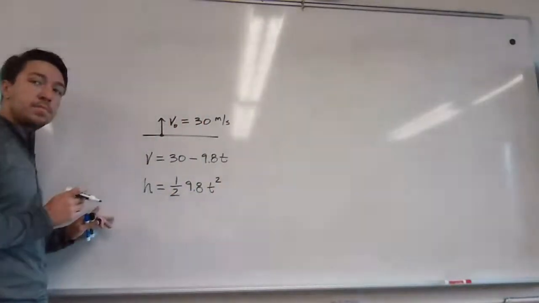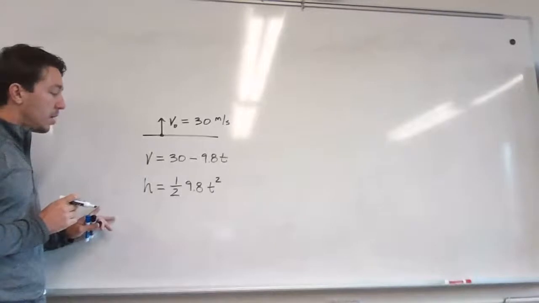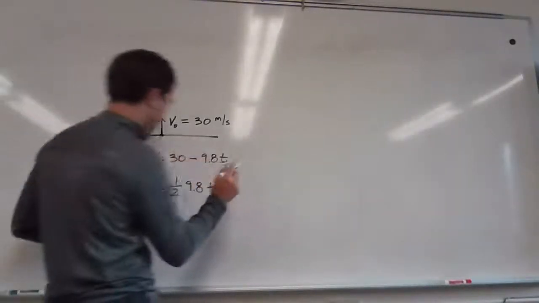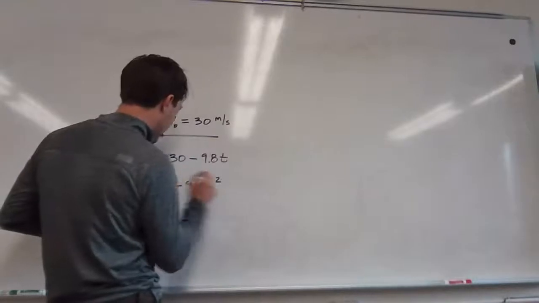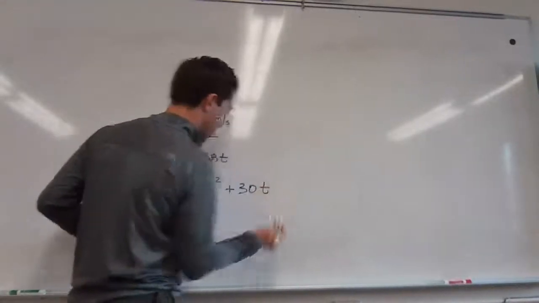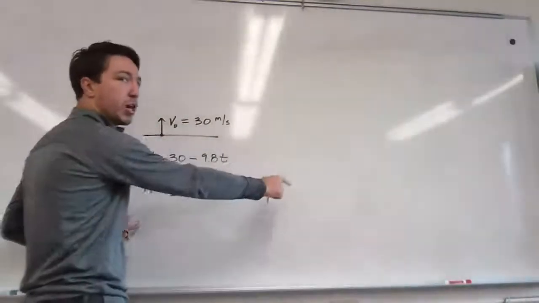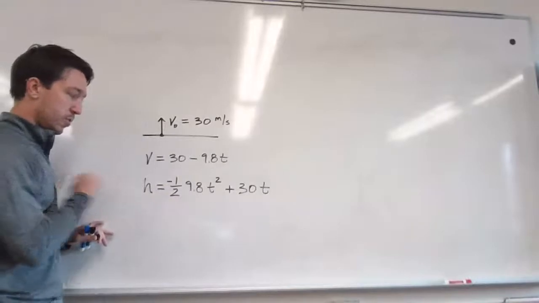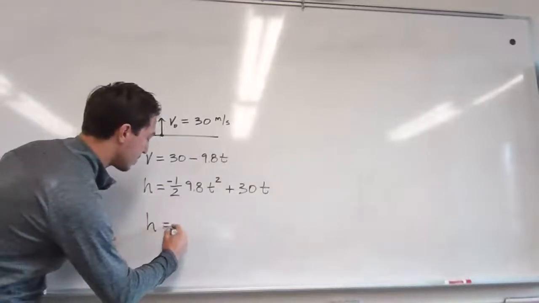Everyone okay with that? Okay. And then, sorry, I got this mixed up there. 1/2 at squared plus v naught t, right? That's what we've all got. And then the h naught is 0, which of course you can simplify to this.